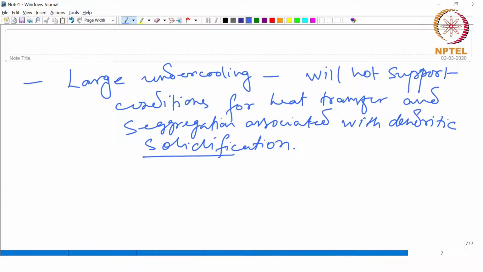Okay, and as a result, you would expect to get an equiaxed microstructure and a material which is free of segregation, or at least minimum level of segregation.